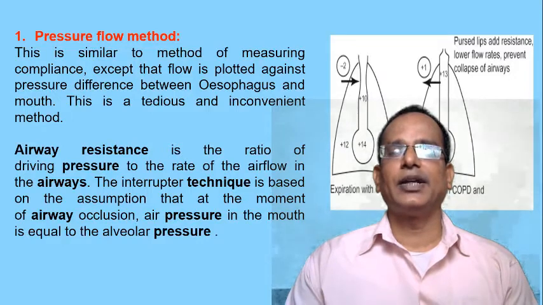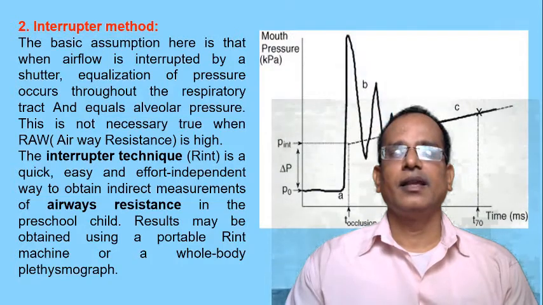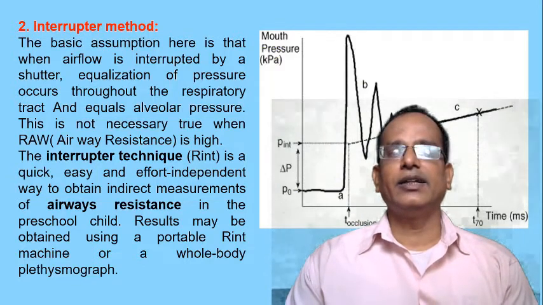So the air pressure in the mouth is equal to the alveolar pressure. In the interrupter method, the basic assumption is that when airflow is interrupted by a shutter, equalization of pressure occurs throughout the respiratory tract and equals the alveolar pressure.